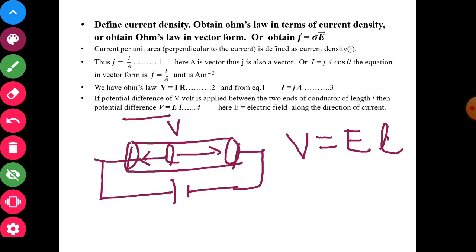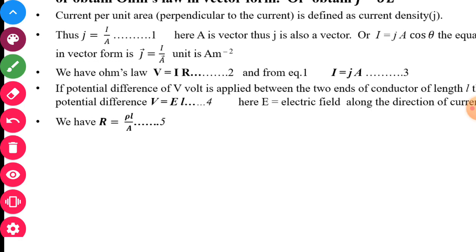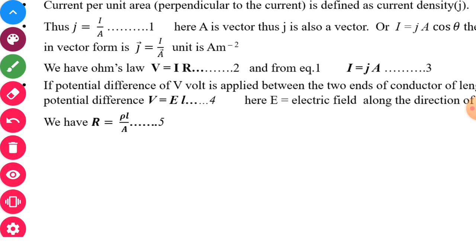So list out all these equations. J is equal to I upon A, so I is equal to JA. V is equal to IR. And V is equal to EL. Now, we have another equation that we also studied last time, R is equal to rho L upon A, where rho is the resistivity, L is the length of the conductor, and capital A is the area of cross section.